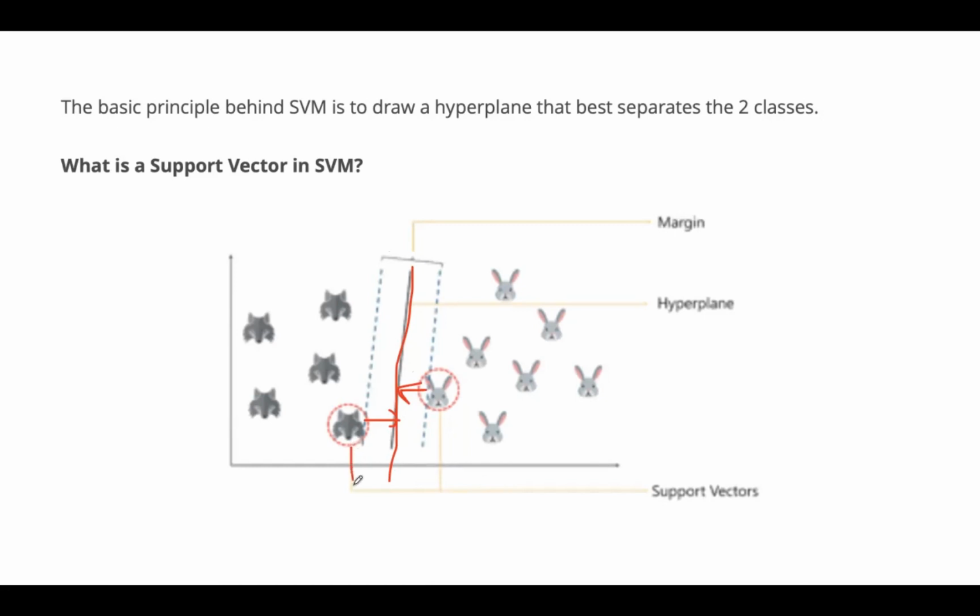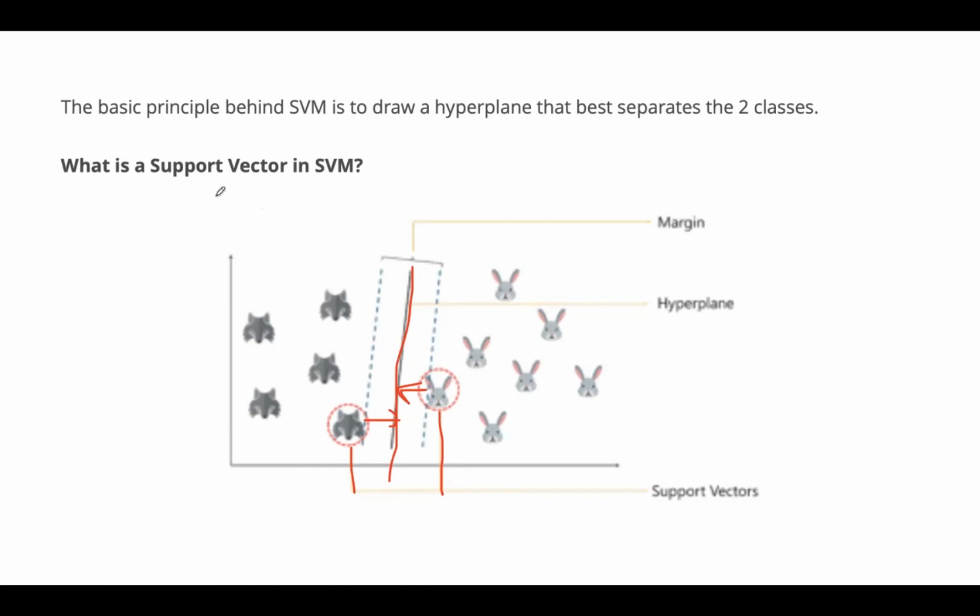So these two data points are known as support vectors. That's the reason why we are naming this a support vector machine. The hyperplane is drawn based on the support vectors, and an optimal hyperplane will have maximum distance from each of the support vectors.